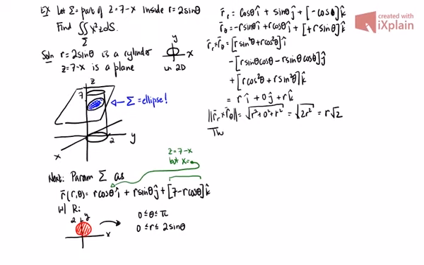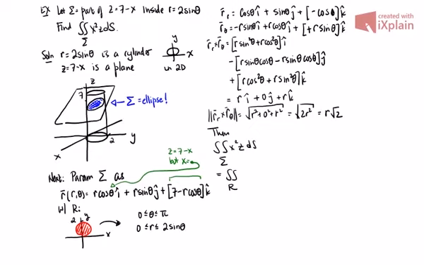Then, the integral that we're interested in, x squared dS. So again, we have a bunch of substitutions that go in. This becomes an integral over our r and theta.